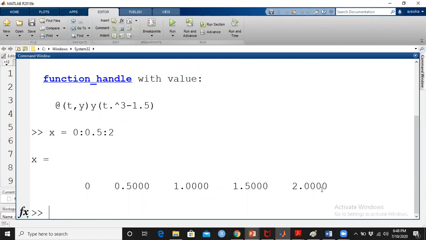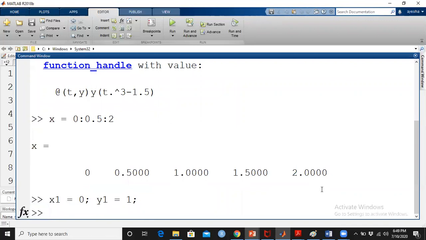Students, now I want the y values, but only y1 is given to me. Of course, x1 is 0 and y1 is given to me as 1. So what is the functional value at these points? For example, y times t cube minus 1.5. I can see here a dot is missing.